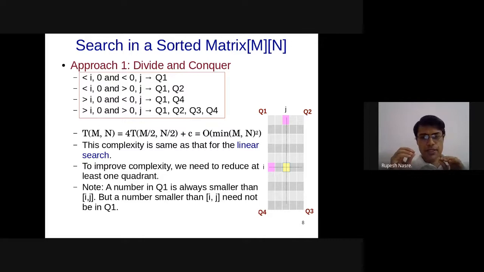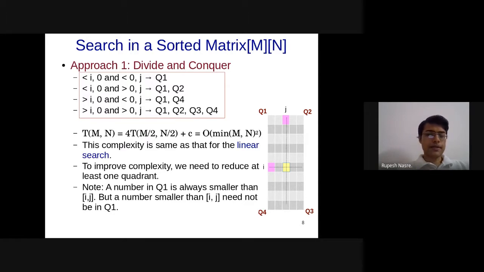So if a number is in Q1, it is guaranteed that it is less than ij, assuming unique numbers. However, a number which is smaller than ij need not be in Q1. So the opposite is not true. So if a number is in Q1, it is guaranteed that it is less than ij.